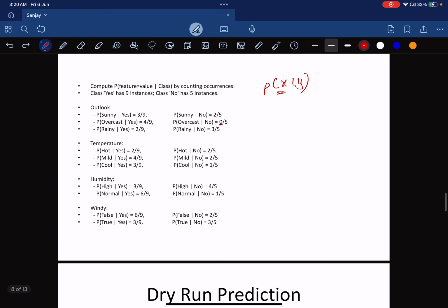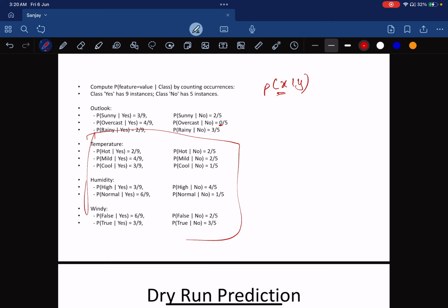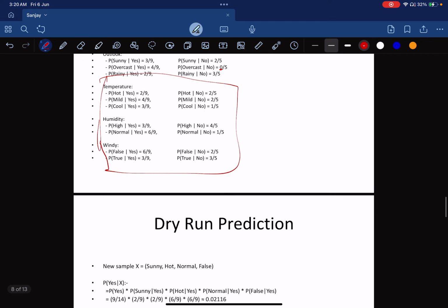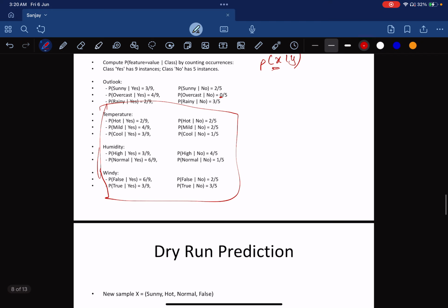This is how the probabilities of the remaining terms look. Fine. After finding this, we take new inputs.